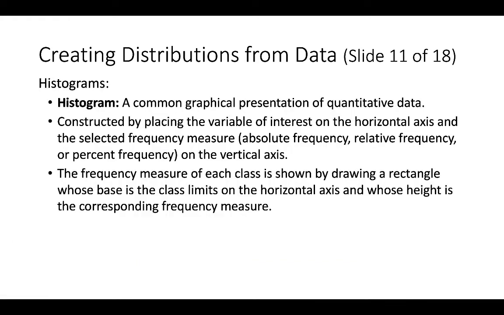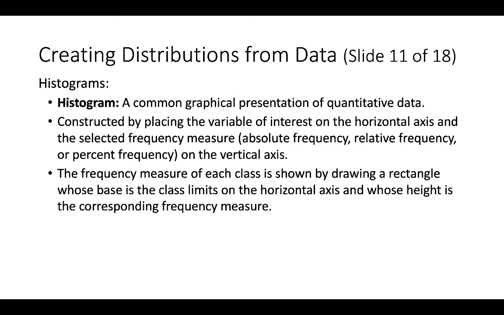We can also create the distribution in a graphical format, which we call the histogram. A histogram is a common graphical presentation of quantitative data, and we can construct it by using the variable on the horizontal axis and the frequency measure on the vertical axis.